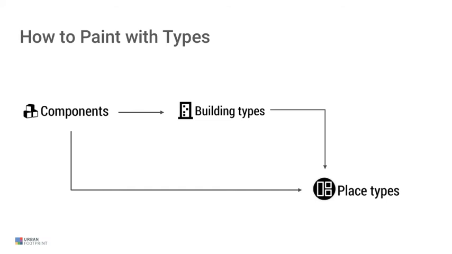And this is another visual representation of how all these different components and attributes fit into one another. And so now that we have an understanding of the hierarchy, we want to take a look at our ability to paint and apply these types in our projects.